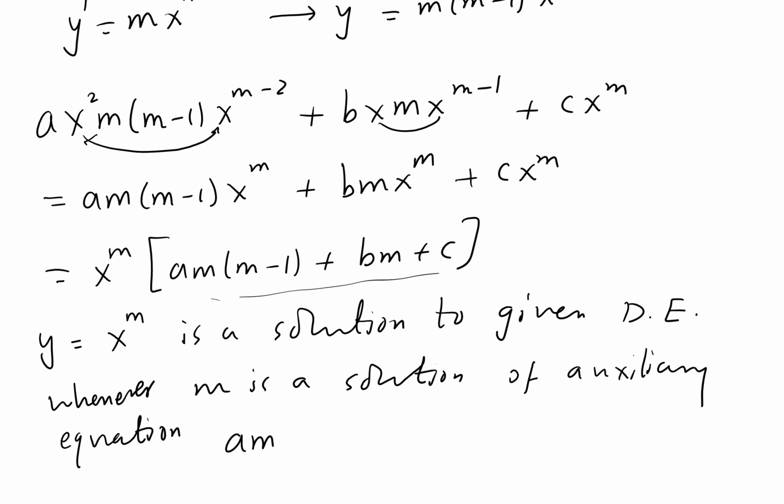Let me write it again. a m times m minus 1 plus b m plus c equals 0.